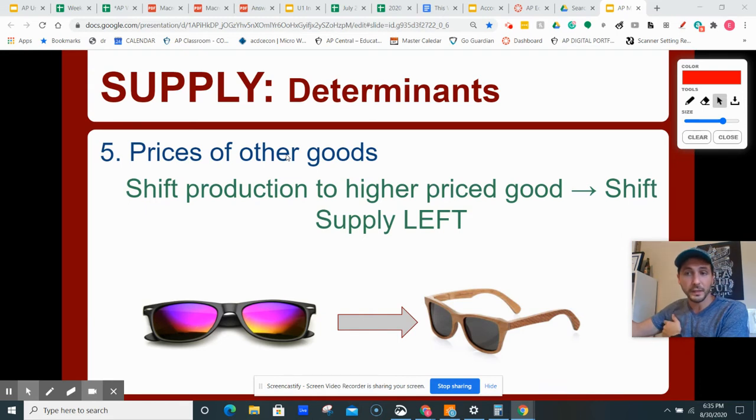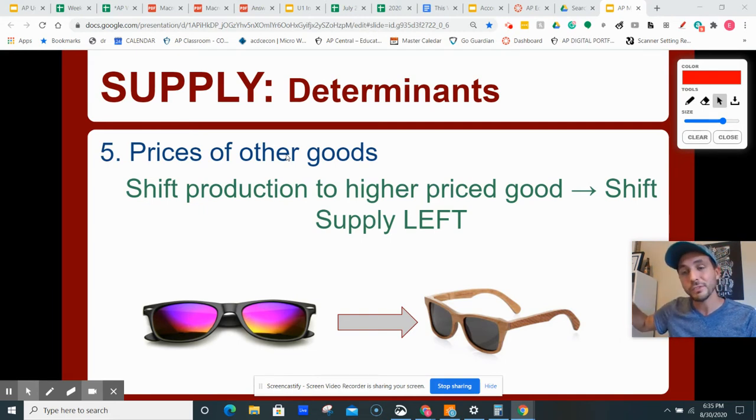Supply is going to go right there. But what happens for the thing I'm currently producing? Supply shifts left. So if there's a higher price of another good, the current good I'm producing, I'm going to supply less of.